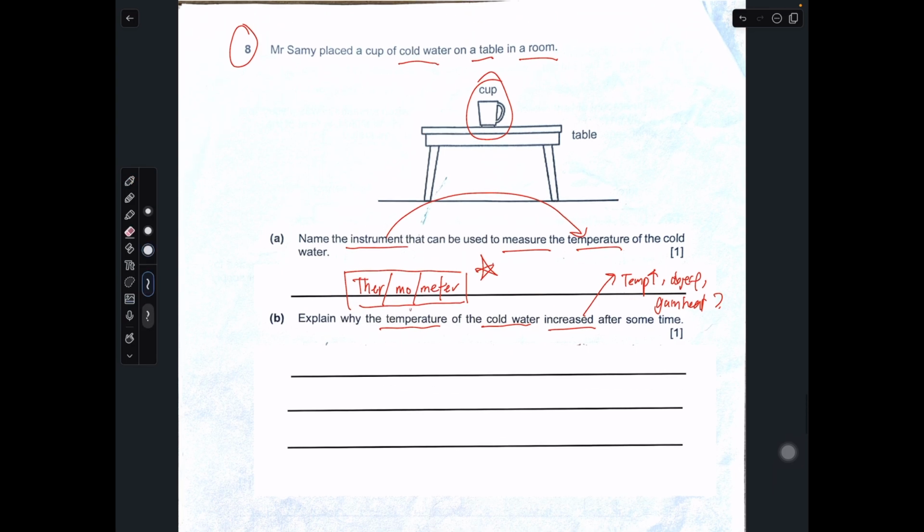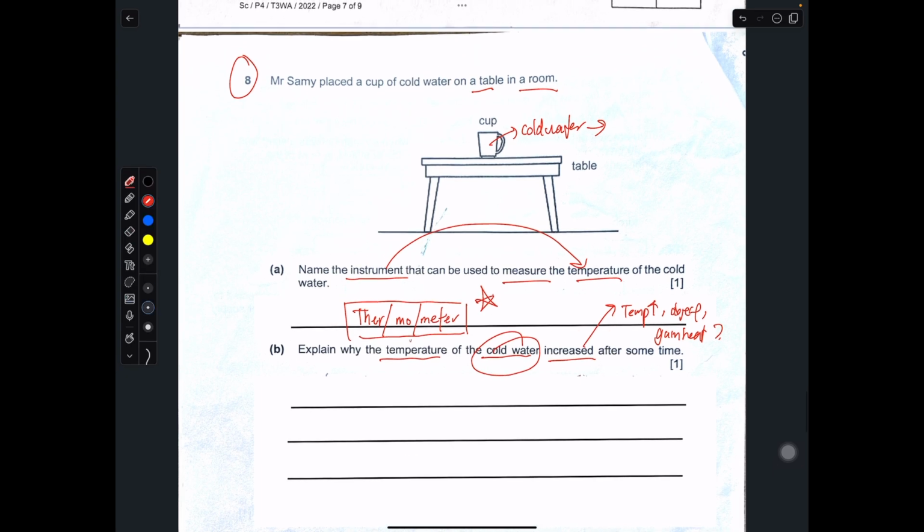So the object that we're interested in is the cold water, as stated over here. Since it's placed in a room, we can use temperature. Some of you may assume temperature as a number in this scenario, so things will be easier for you. So cold water may be about 4 degrees, room about 25 degrees.